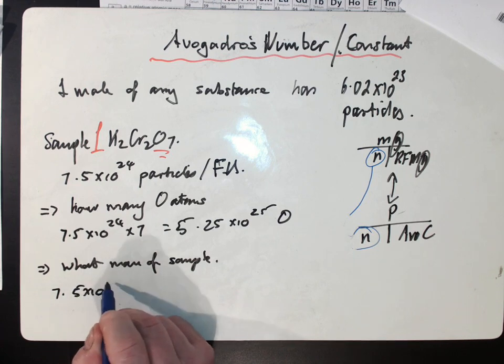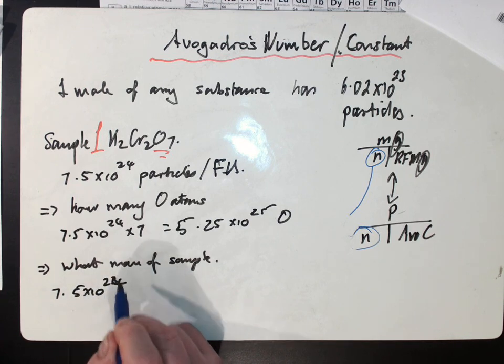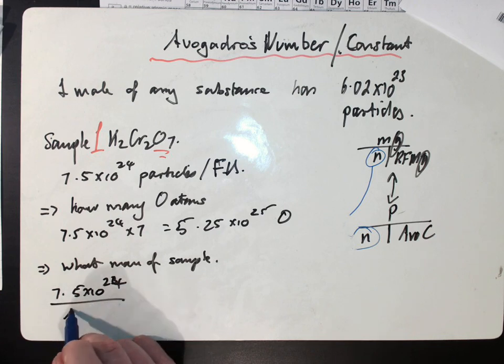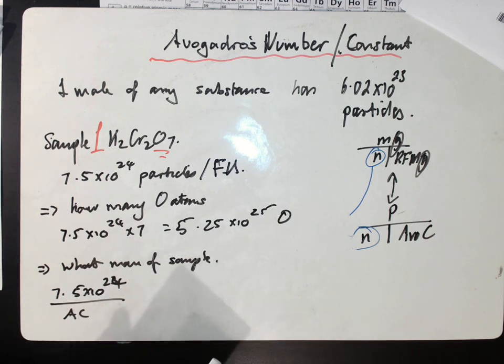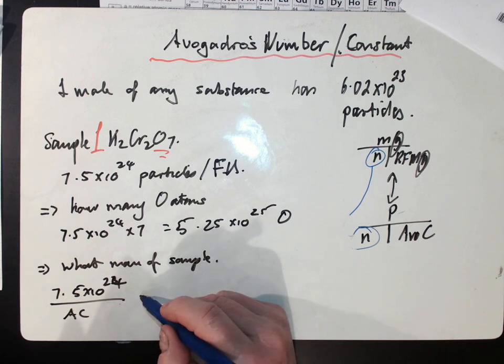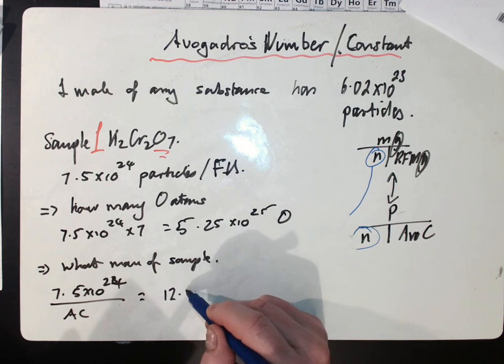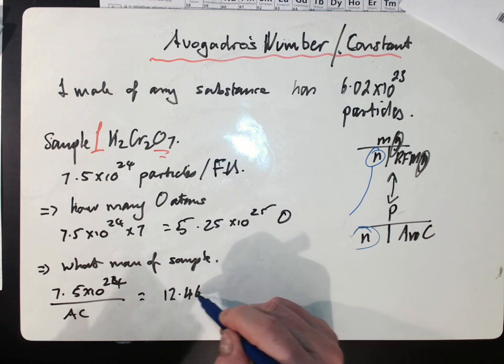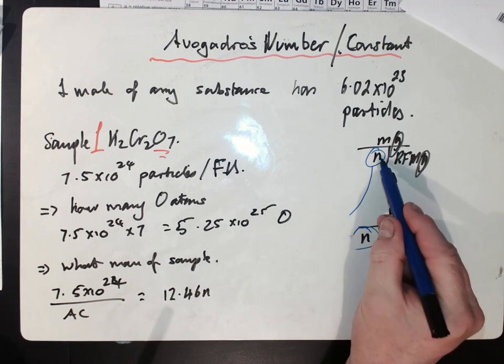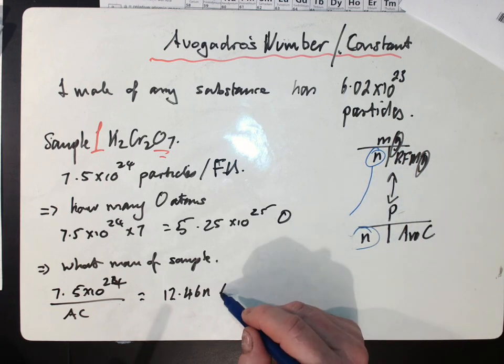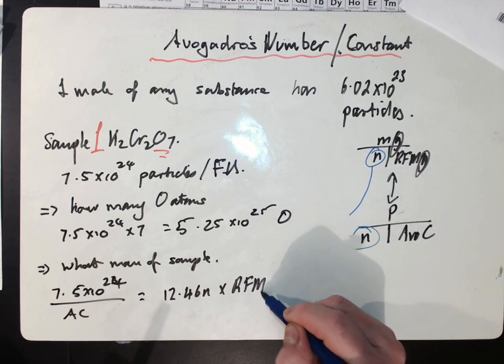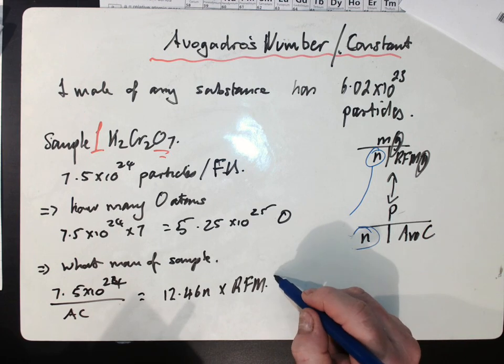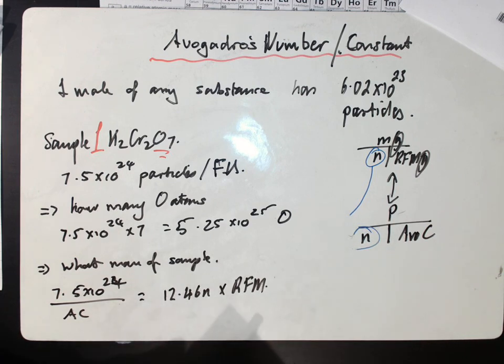So if I take that value from up here, divided by Avogadro's constant, okay, gives me 12.46 moles, and then all I do from there is I've got moles, and I multiply that by the RFM of potassium dichromate.